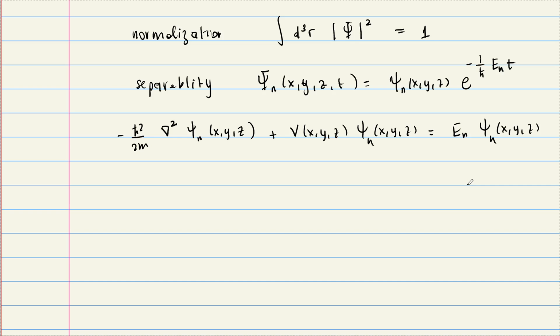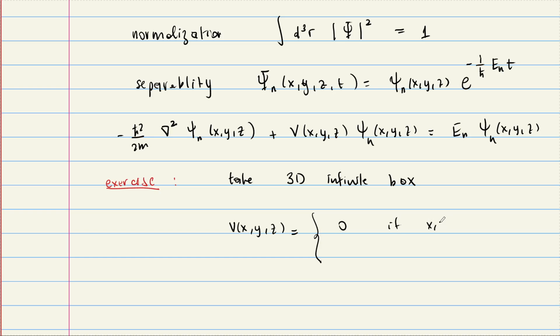So maybe I can give you a couple of exercises and jump into the tedious part immediately. So, exercise. There's a trivial exercise that everybody should do if you have never done it before. Take a 3D infinite box. What this means is V of x, y, z is equal to 0 if x, y, z is inside some domain from 0 to a, and infinity otherwise.